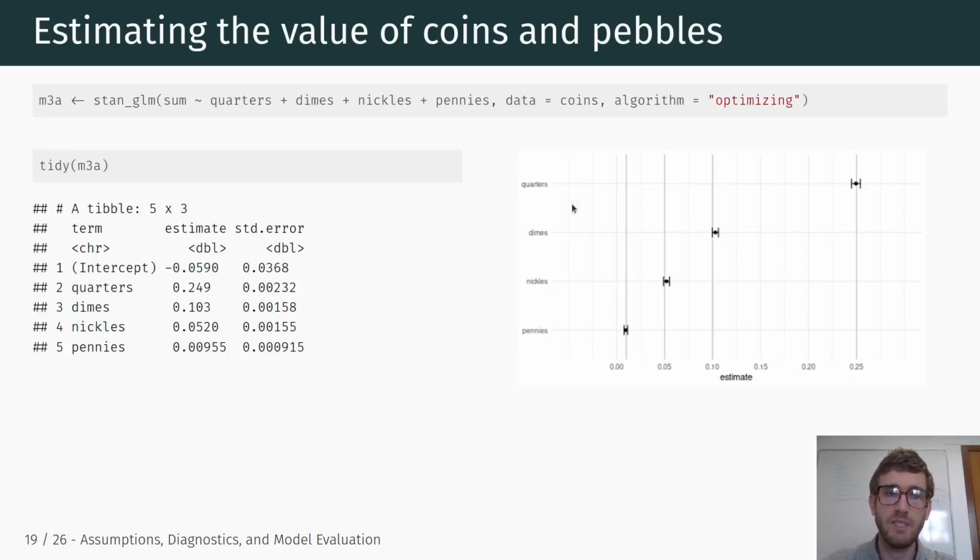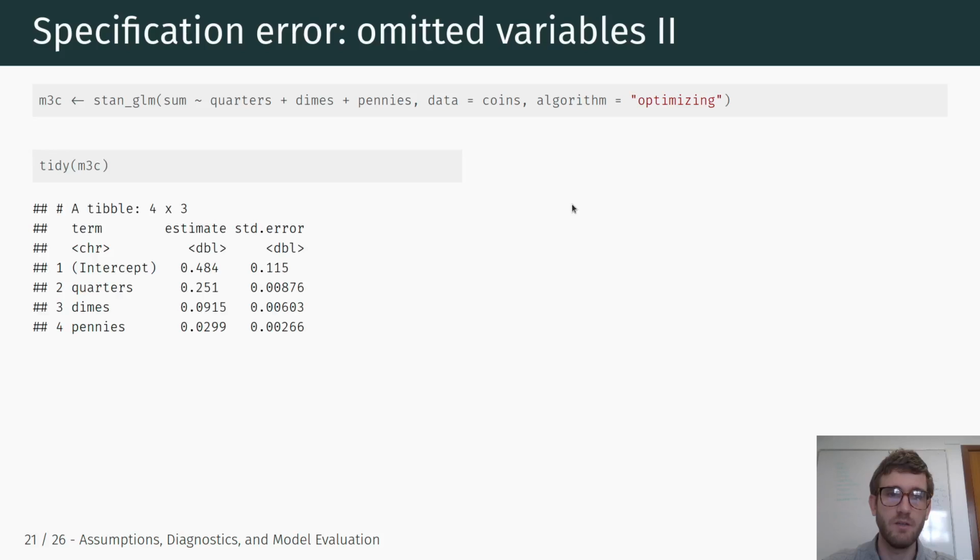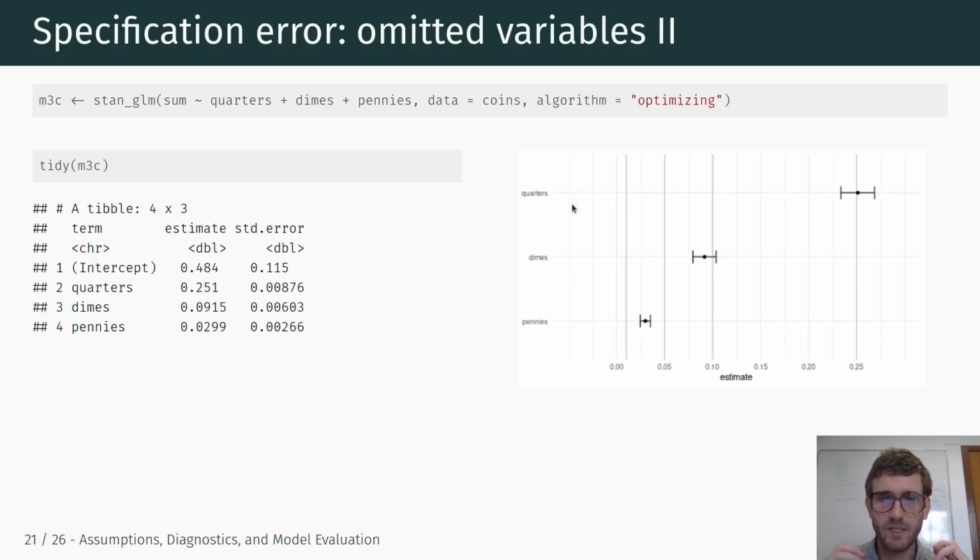So if we're not accounting for the number of nickels, we're overestimating the effect of one additional penny, right? Because if we have one additional penny, we are also likely to have additional nickels in our pocket. And that means that by not holding the number of nickels constant, we're overestimating the effect of pennies.